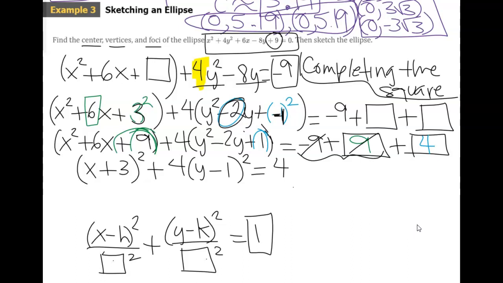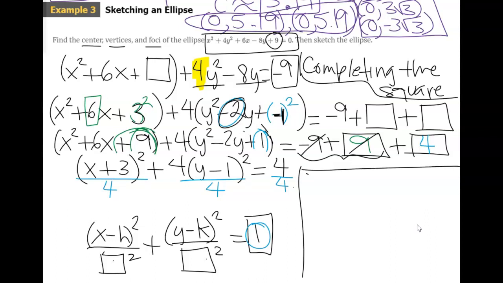So we're almost there. Now, remember how we need to have a 1 here by itself. So we're going to divide everything by 4. So if I do that, I'm going to have the following. (x plus 3) in parentheses squared divided by 4. And then here for this 4 and this 4, they cancel.